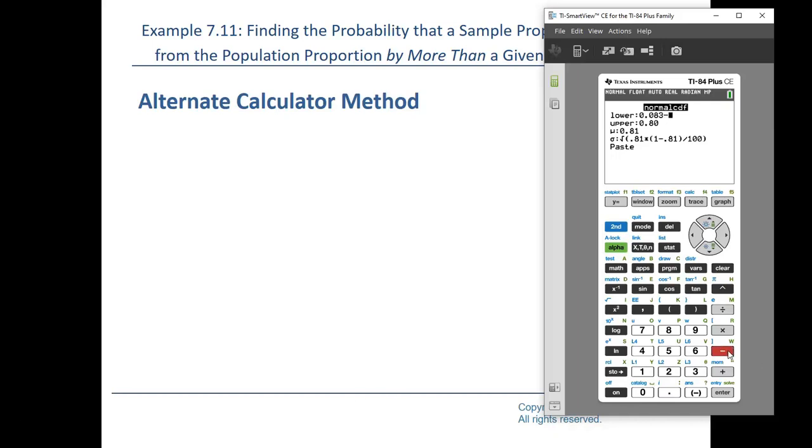So you can either kind of do that in the calculator this way. It's going to look really crazy if you do it this way, so I do suggest take the time and actually do that subtraction first, and then that way you can just type in what the actual answer is itself and put in that 0.063. Okay, and again, doing the same thing the other way, you get that 0.103.